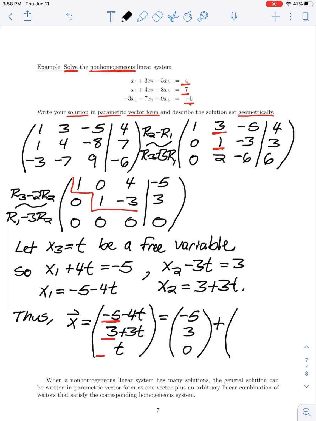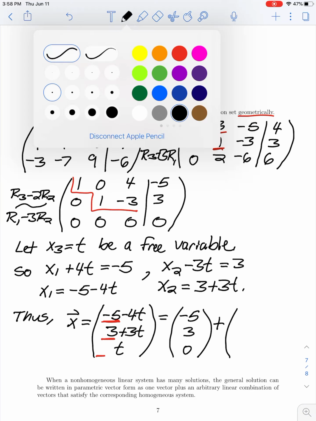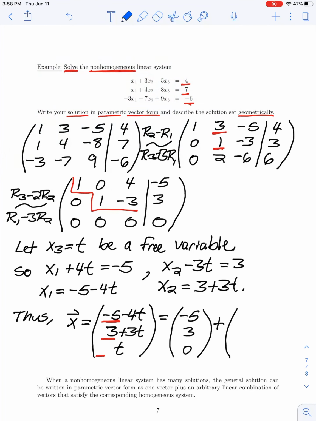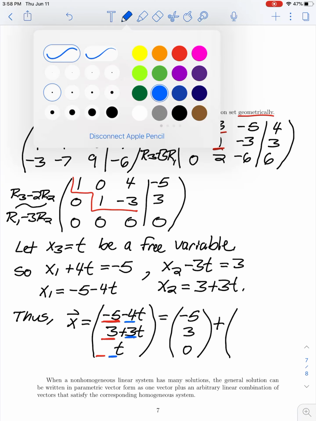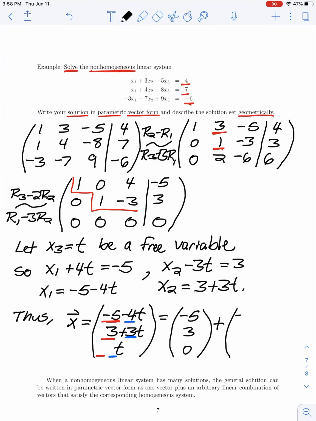And then I will add the vector of coefficients of t times t itself. So here my coefficients were negative 4, 3, and 1 times t. So I've got negative 4, 3, 1 times t. So this is our solution set in parametric vector form.